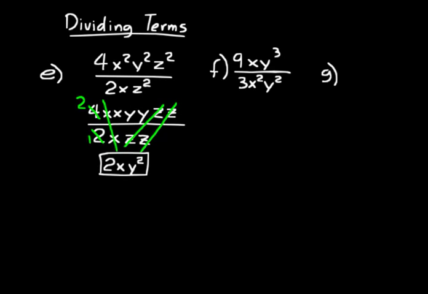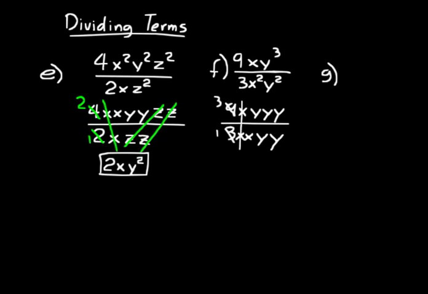Let's do F, 9xy cubed over 3x squared y squared. Why don't you pause the CD and see if you can figure out how to do that one. First, write it as individual factors, 9xy, y, y, over 3x, x, y, y. The 9 and the 3 can reduce to 3 over 1.